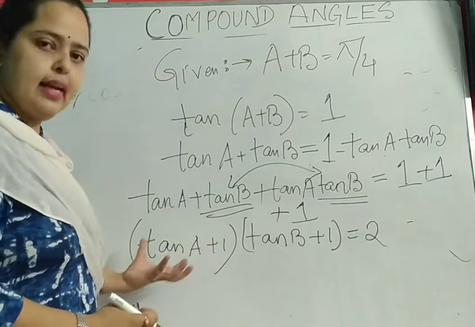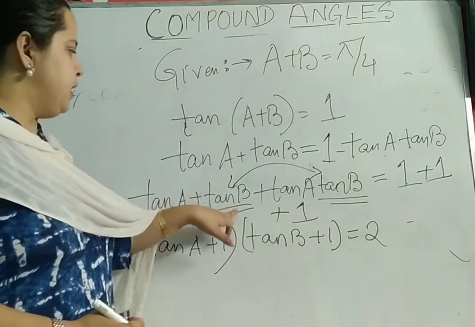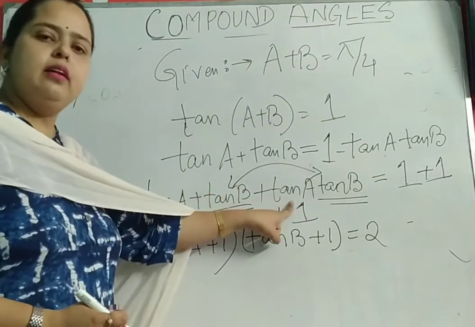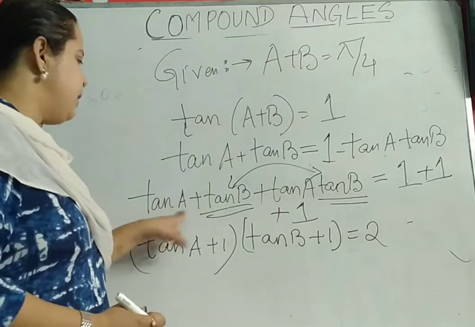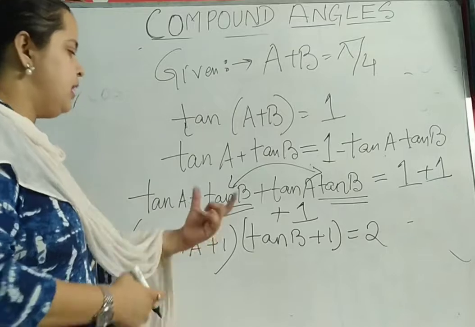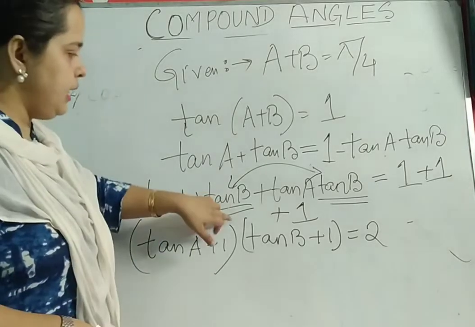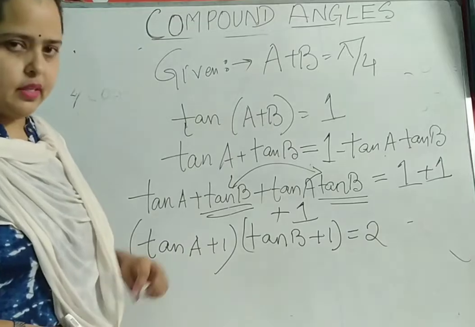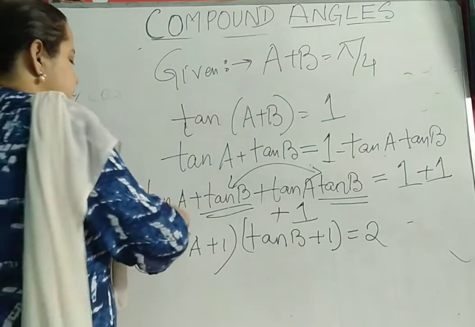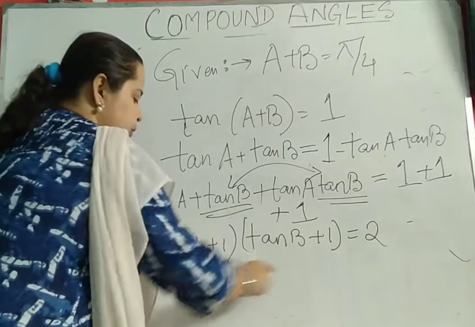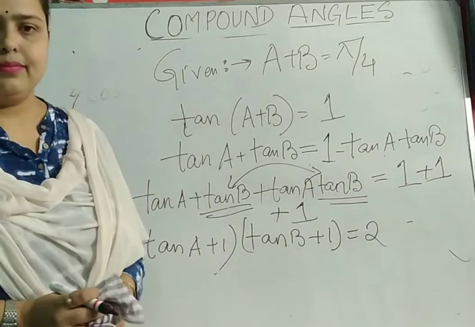Tan A plus 1 I collected, and from here tan B is taken common. So 1 plus tan A remains here and 1 plus tan A here. So if 1 plus tan A is common, then left out is tan B plus 1. Is it okay? So the 4 terms were there and I factorized it down to this.